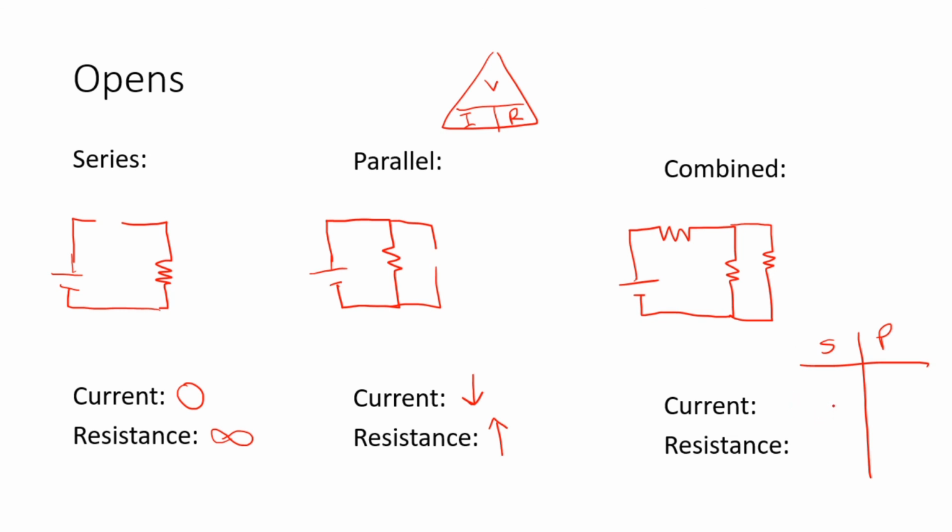We have no current flowing. Make a 0. No current flowing. And then the resistance is infinite because there's no current flow. Now, if I open it up in parallel, you're just going to get rid of, say, this branch, and it becomes a series circuit. And like we said, when you have this series component, your resistance is up, and you're going to see a drop in current.